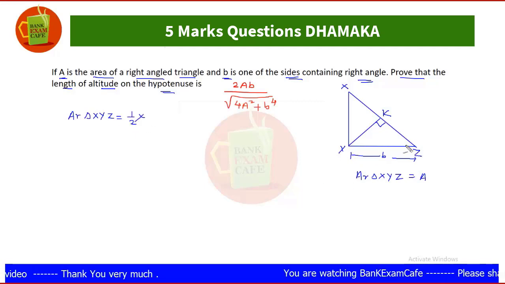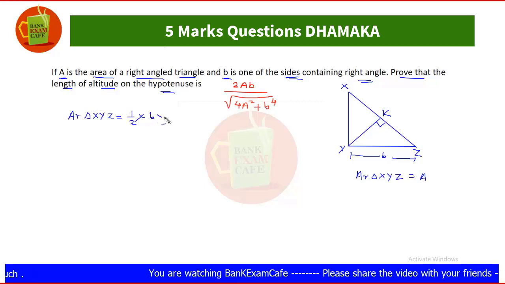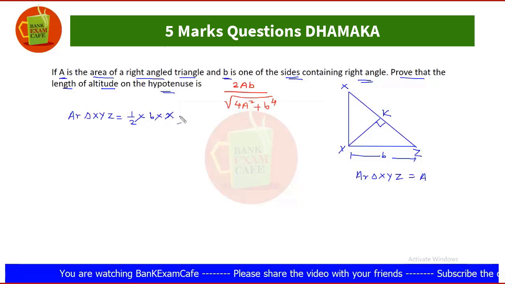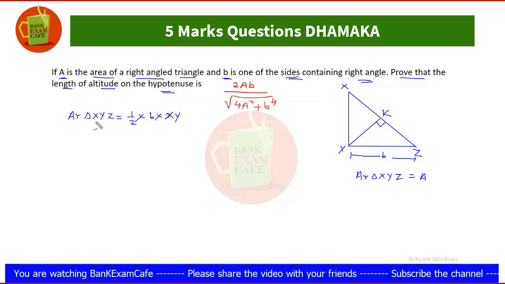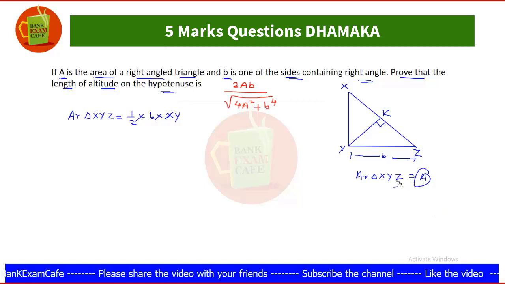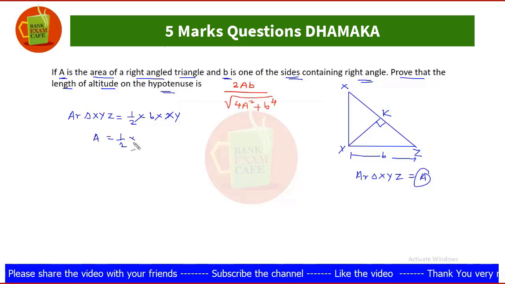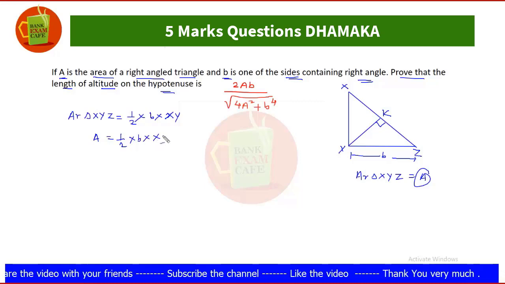If you take this as the base, XY will be the height, so base into height, that is b into XY, height is XY. But the area of this triangle XYZ is given as a, and so it will be a is equal to 1/2 into b into XY.